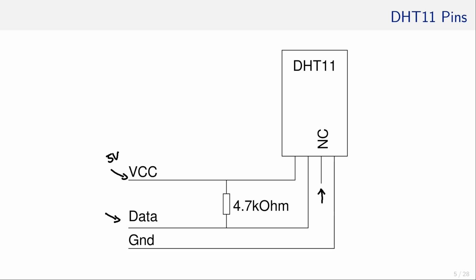This third pin is not connected, and NC stands for not connected. And we have ground. There's a pull-up resistor between data and VCC, which is usually something around 5 kilo ohm. Personally, I use 4.7 kilo ohm, since those resistor values are much more common and cheaper than a 5 kilo ohm resistor.